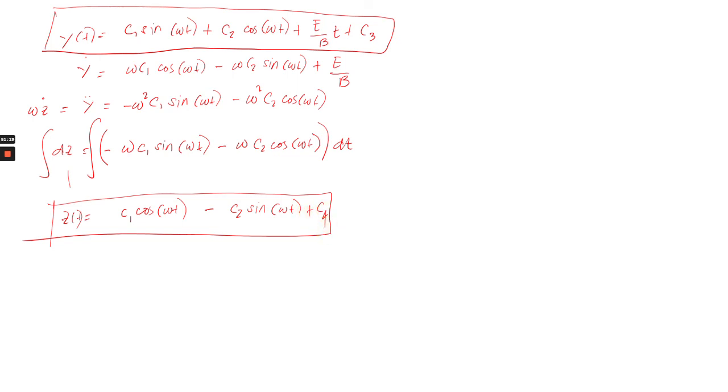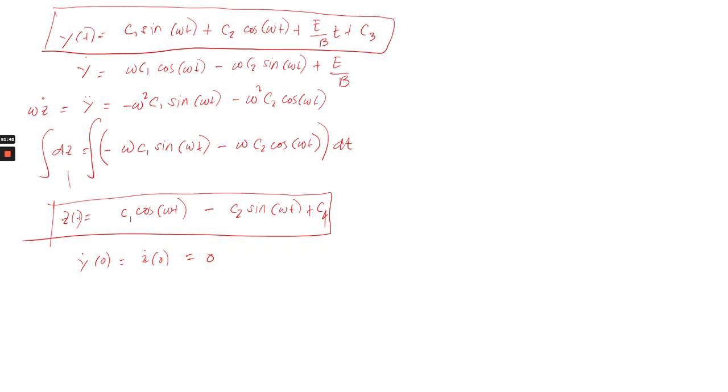We have C1, C2, C3, and C4 through the initial conditions. We know that the particle is initially at rest. So the velocity along y or the velocity along z at time t equals 0 is 0.